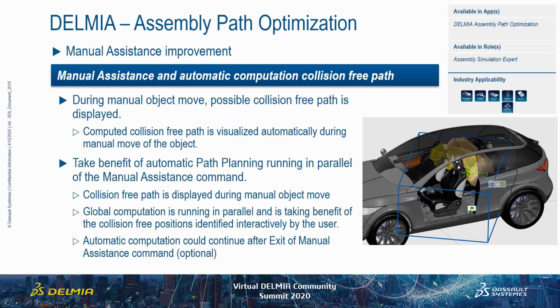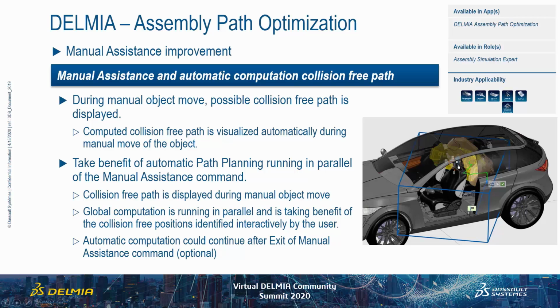Here is another improvement which can be associated to the previous one. When you have stopped your computation and you want to influence manually the process, you're going to move your product manually, and in background there is an automatic computation of an automatic path, meaning progressively it's going to compute in background a possible collision-free path while you are moving manually at the same time.